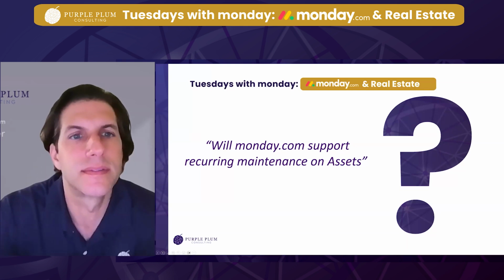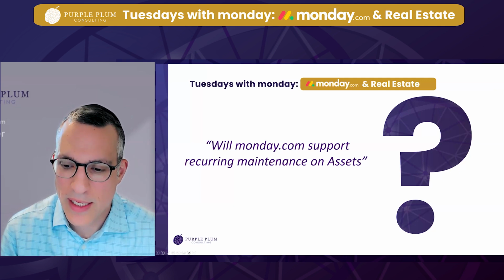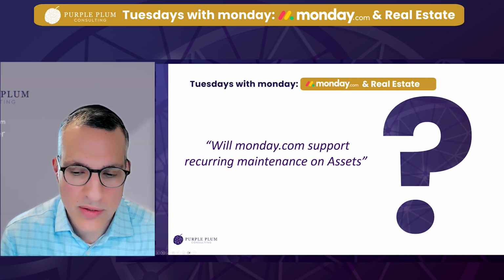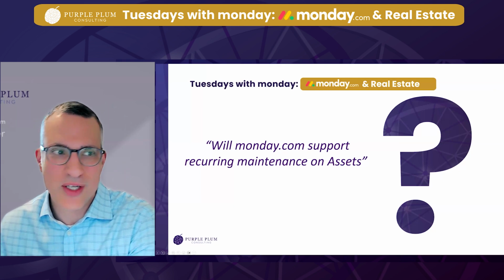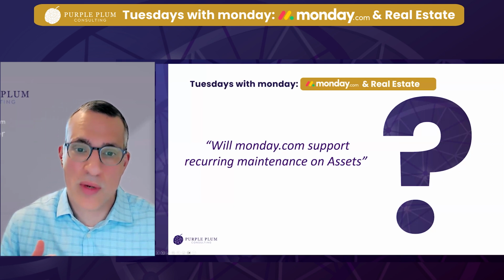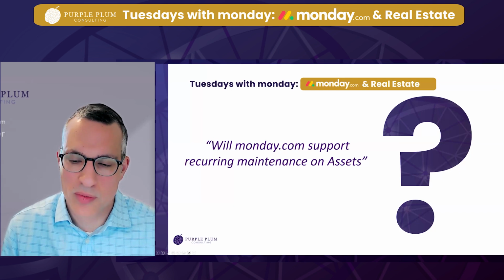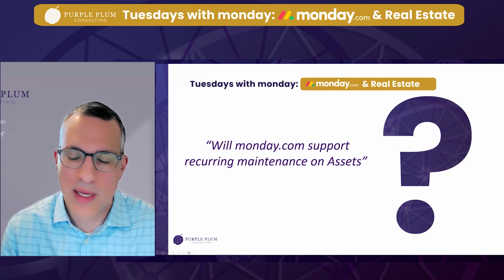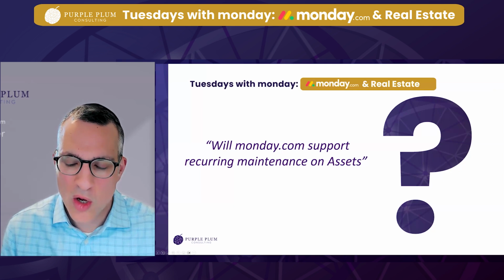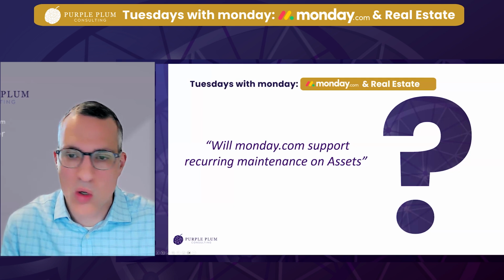Yeah, great. First question is, will Monday.com support recurring maintenance on assets? Great question. It's a very common use case because, of course, you have the complaints that come from tenants, but you also have ongoing needs to proactively work on maintenance to make sure that we don't have issues with our assets. And the answer is absolutely. And there are many, many ways that we can set this up. We can have tasks automatically show up weekly, monthly, quarterly.